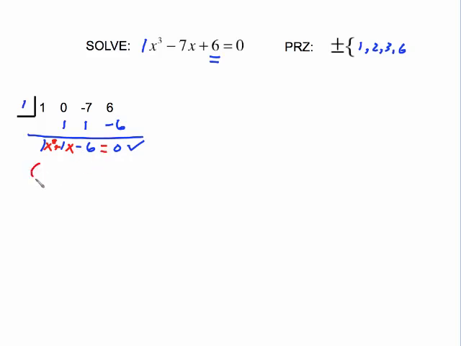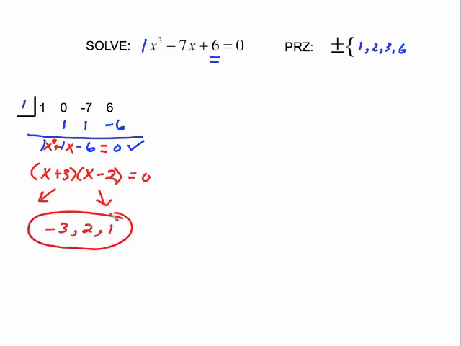Set that equal to 0. And this factors as x plus 3 times x minus 2 equals 0. Set each of those equal to 0, which is just going to turn this into negative 3. Turn this one into positive 2. Together with this 1 that we found initially, there are our 3 zeros.